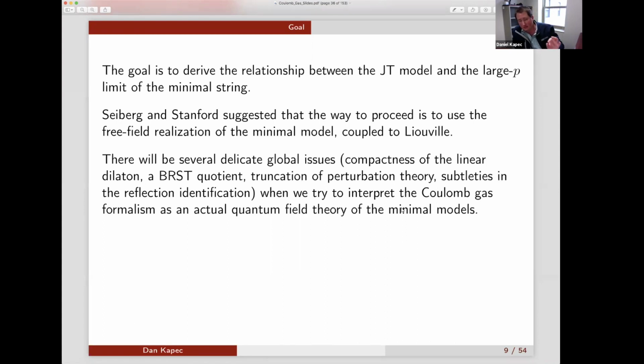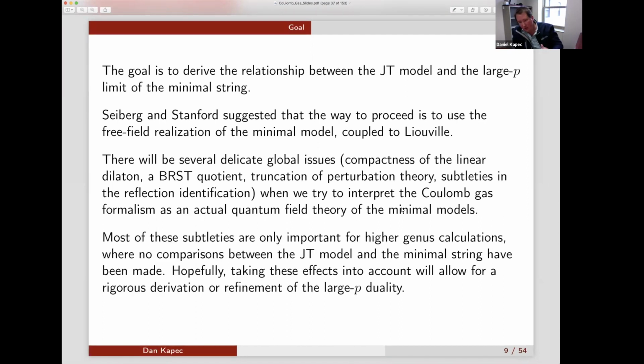So there's lots of very tricky points in this Lagrangian description. And most of them are really only important for higher genus calculations, where to my knowledge, no real comparisons between JT and the minimal string have been made. So, hopefully taking these effects into account will either allow for a rigorous derivation of this large P duality or some refinement of the statement.